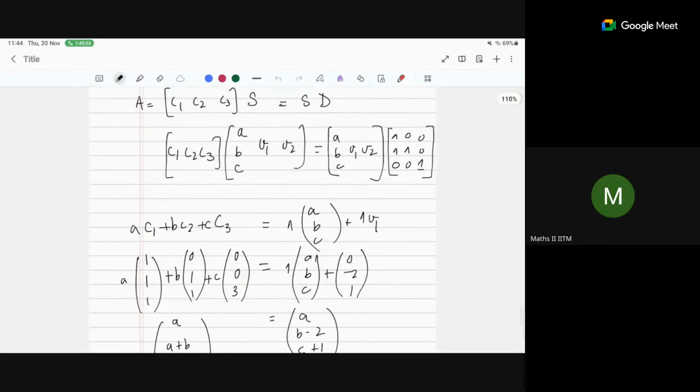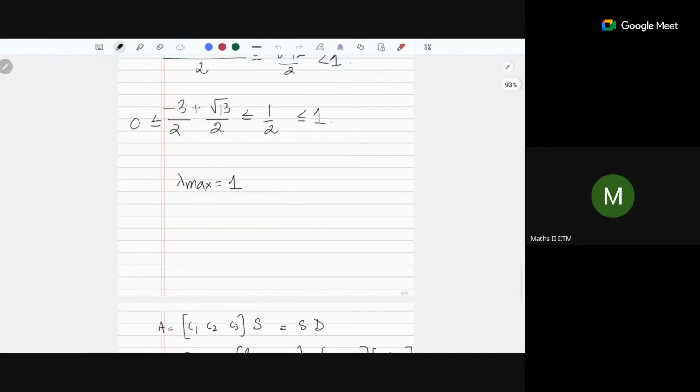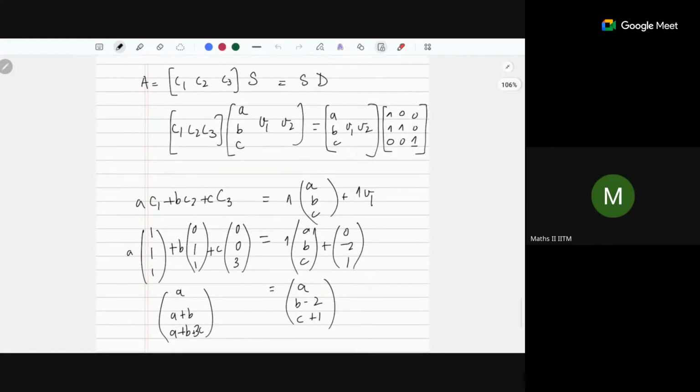So let's take this as an example. What you want to do is find a vector A. You already have v1, v2, which are coming from the eigenvectors, for some lambda 1, lambda 2. ABC is the new vector that you are adding, and your A is C1, C2, C3, right? So you will have the diagonal form here and then this.